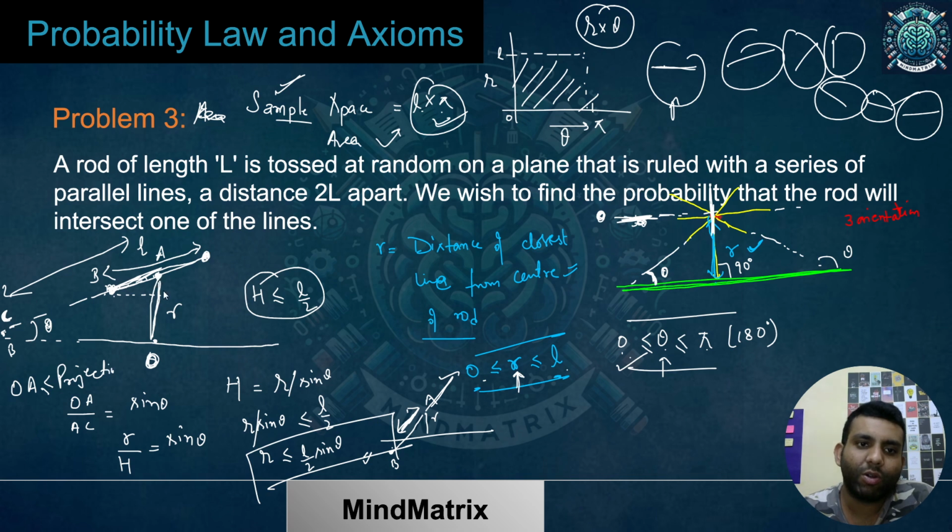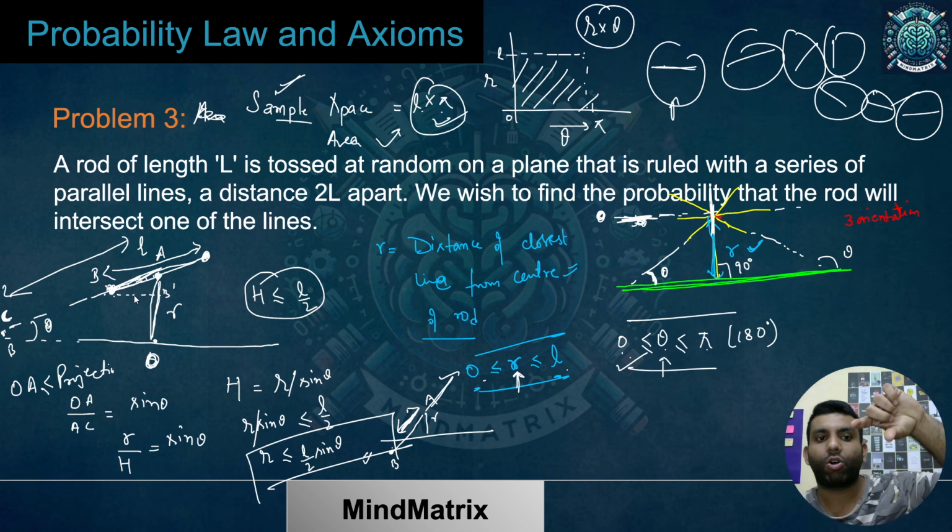Basically, I'm talking about AB dash. This is AB. If I project it on the OA line, then I'll get AB dash. So for the intersection, my projection must be greater than OA.